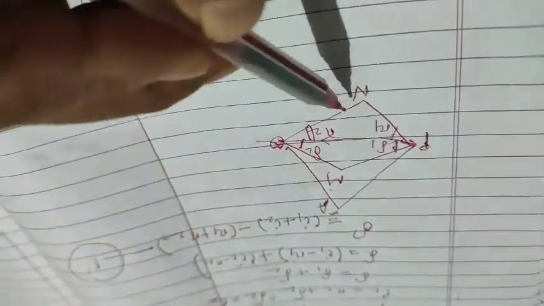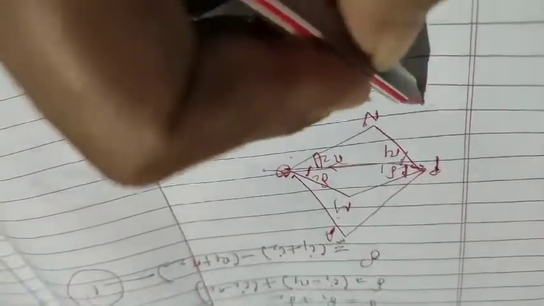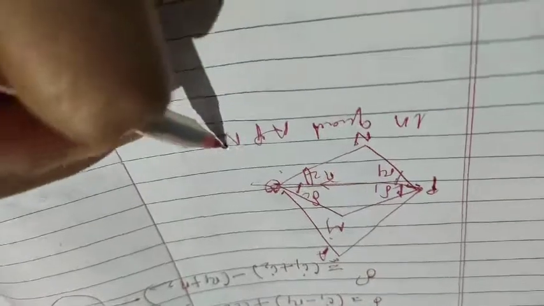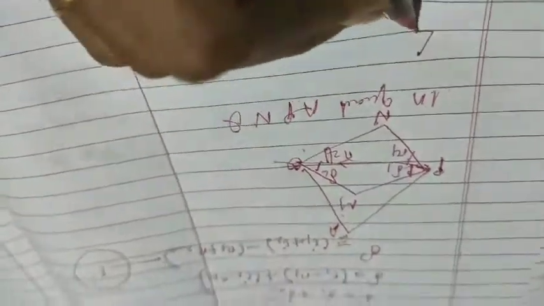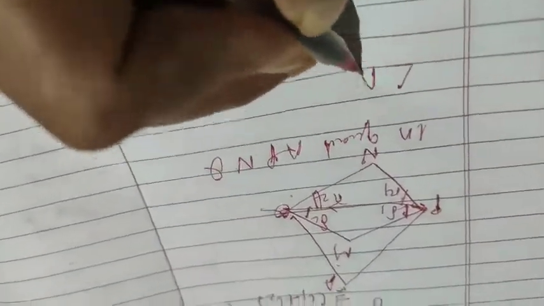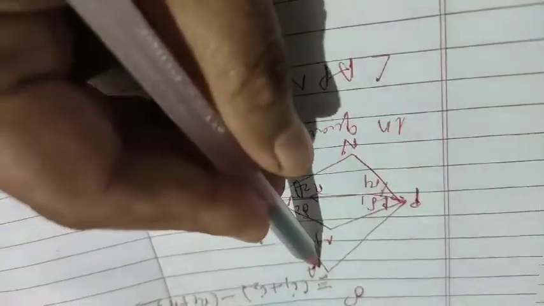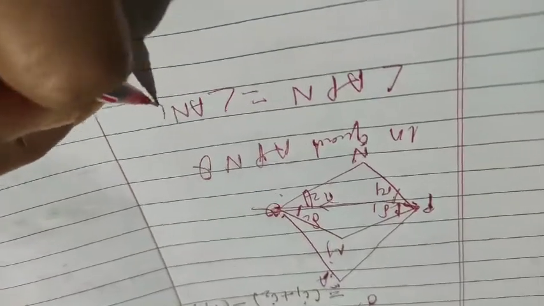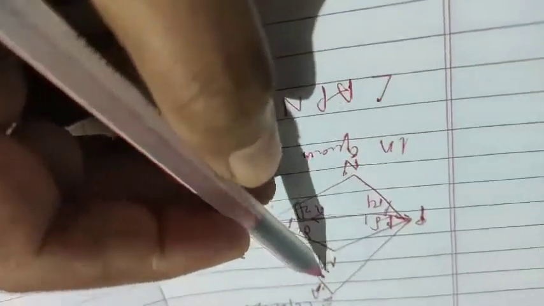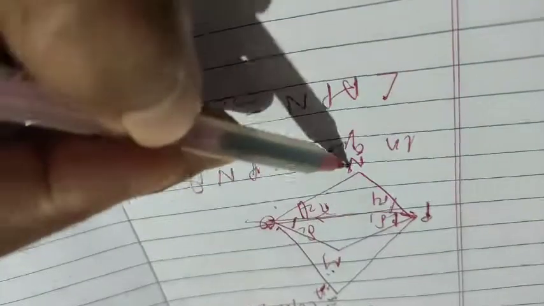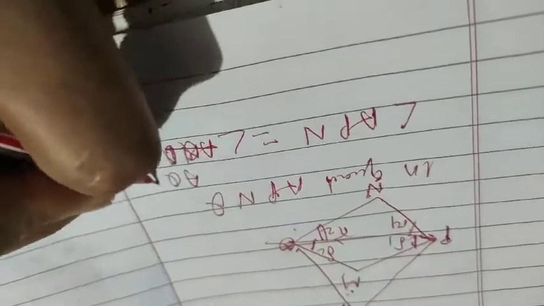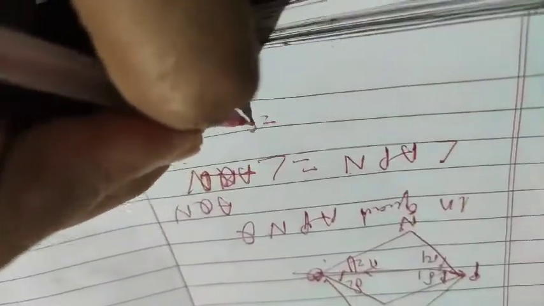So A, P, N, Q. So here, student, in quadrilateral APNQ, we check angle APN is equal to angle AQN, right? Not ANQ, you can write AQN. Okay? AQN is how much? 90 degrees. Now let us find out all the angles.